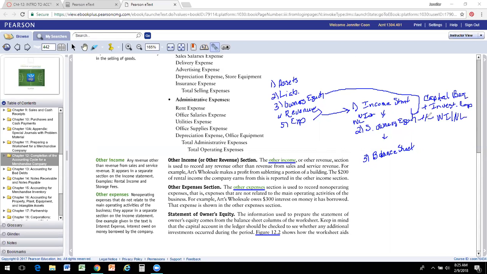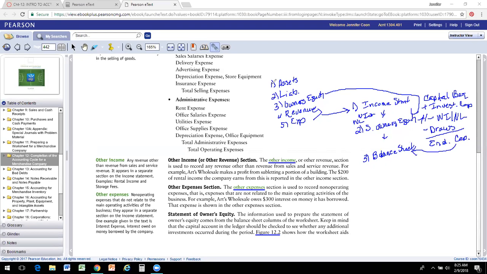If it's net income, you add it. If it's net loss, you subtract it. And then we subtract out any draws, any money that the owner took out, and that gives us ending capital. So then our ending capital flows over to the balance sheet.